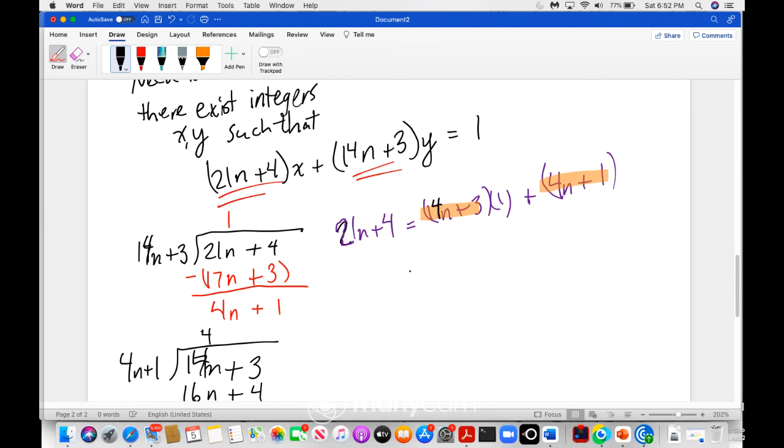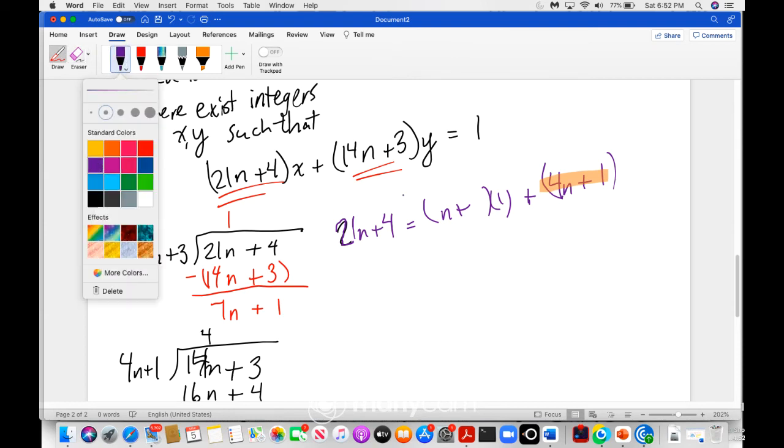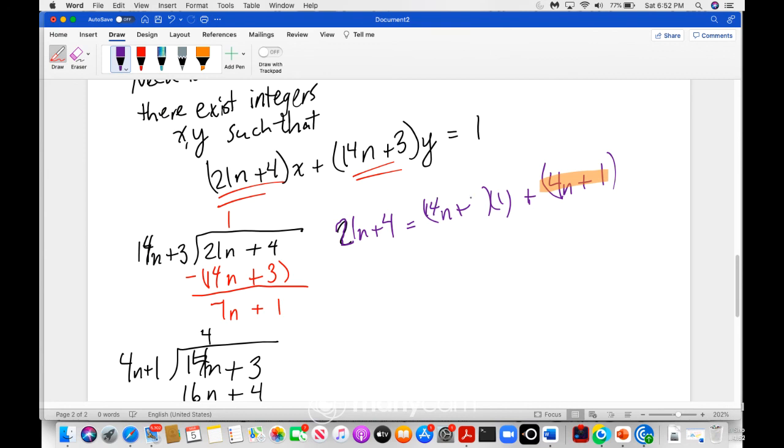All right, that doesn't change too much, except when we divide it into this term the first time, we'll get a 7n plus 1, which means this will be a 14n plus 3 and this will be a 7n plus 1.